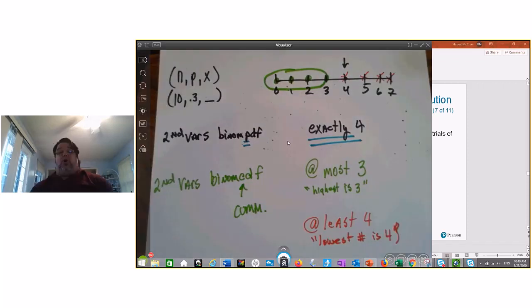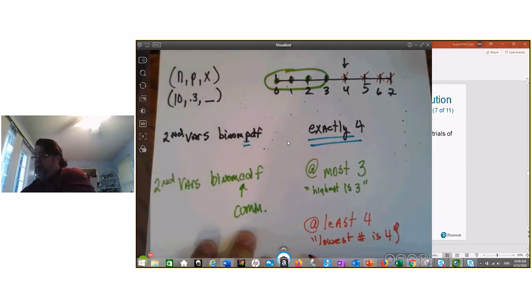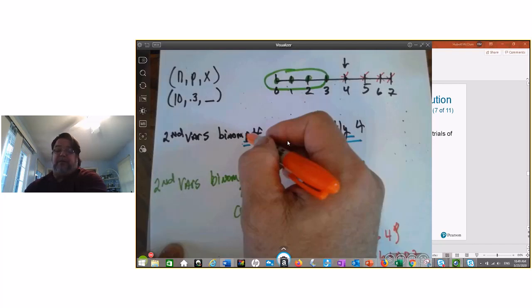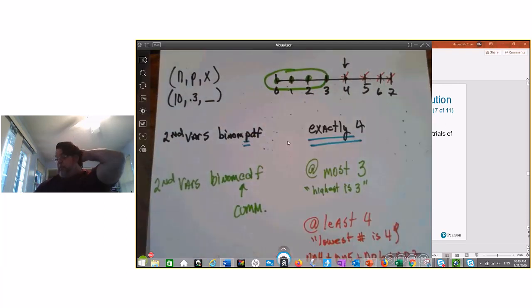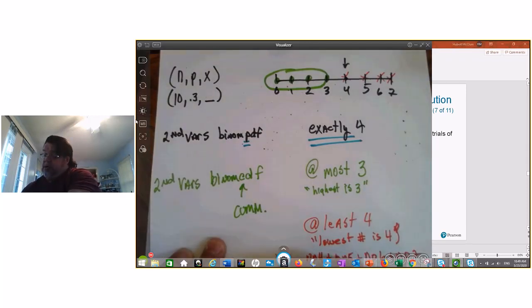Now, there's a hard way to do this and an easy way to do this. The hard way is to do P(4) plus P(5) plus P(6) plus P(7) using binomial PDF. You would do that 4 separate times.